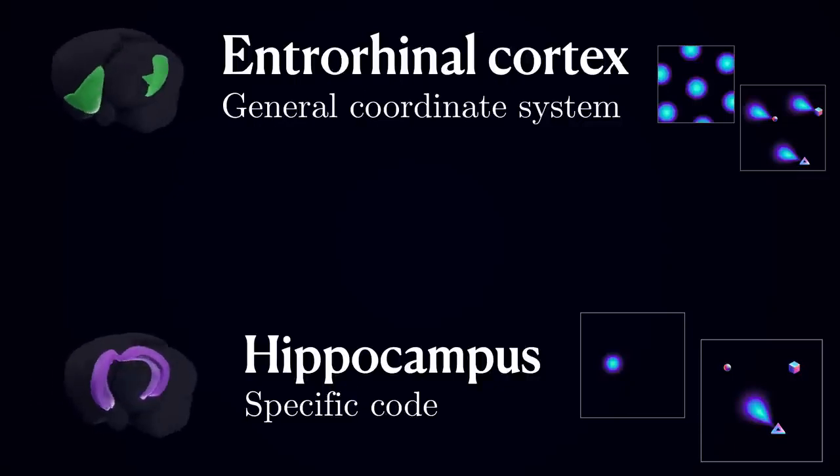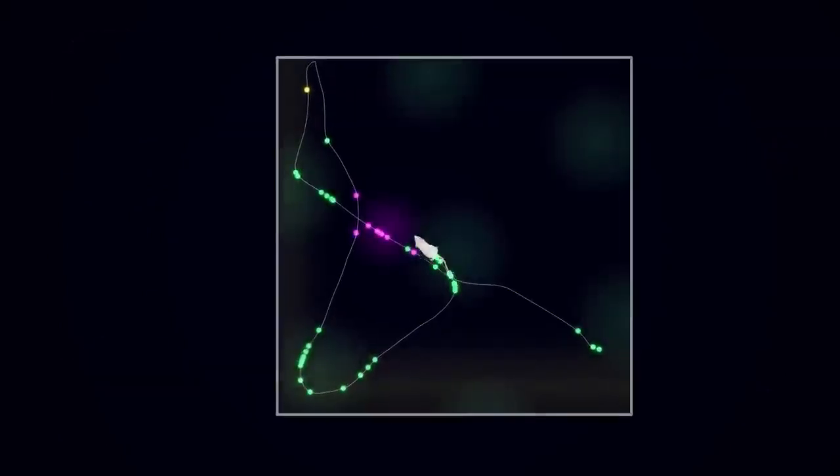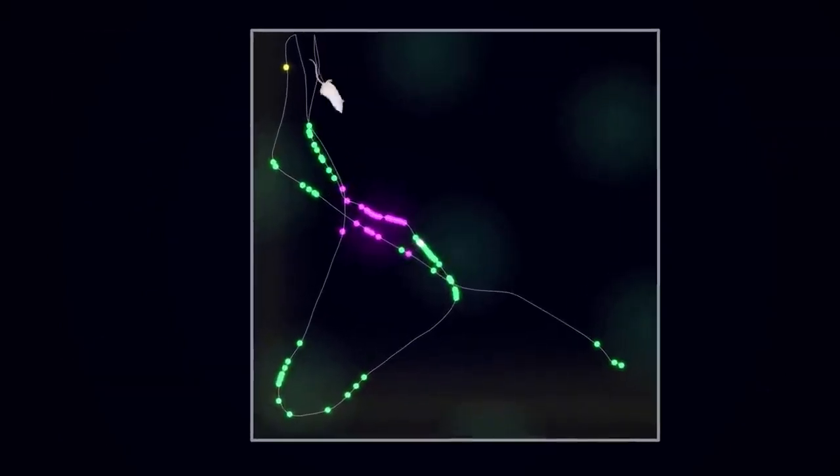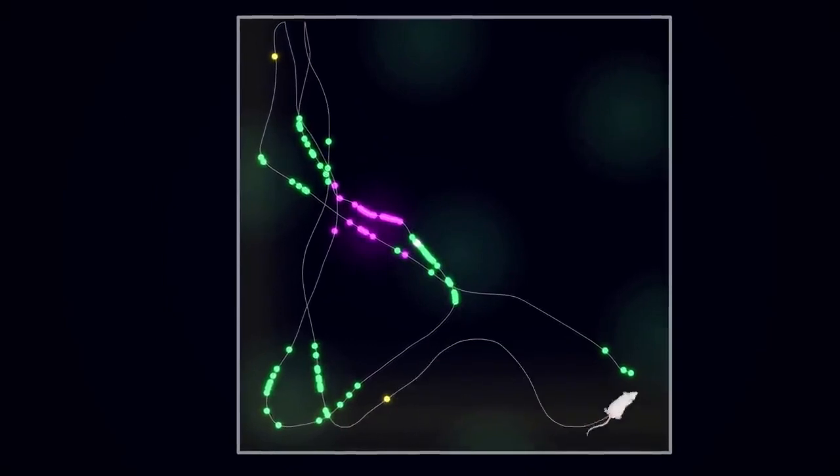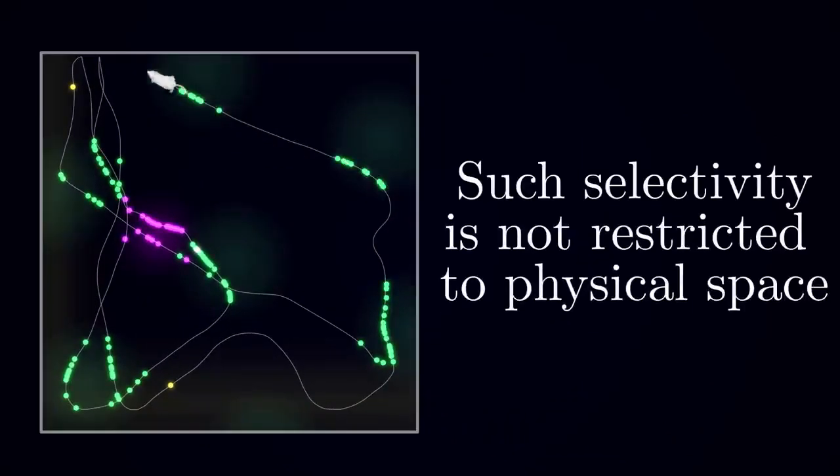in this coordinate system. Although such neurons historically have been discovered during spatial behavior, what's crucial is that this selectivity is not restricted to physical space.